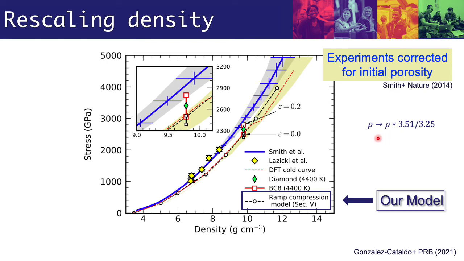And we realized that only then this shaded area here, which corresponds to the experiments corrected for initial porosity, agrees with the model that we are proposing within the error bars. So we think that these experiments have to be revisited in order to explain this discrepancy between the predictions of the ab initio simulations and the measurements in the ramp compression experiments.